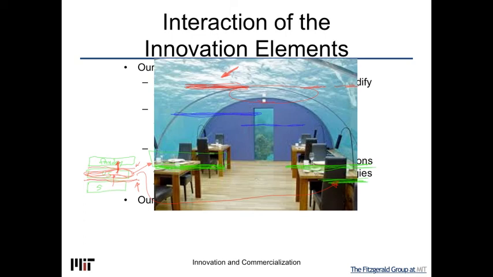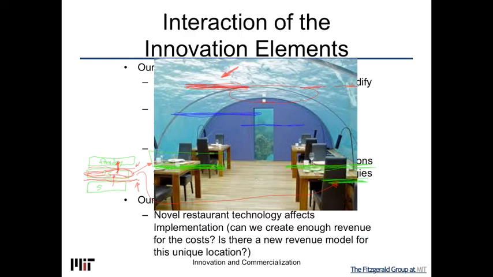So I have part of the fee coming from the museum ticket and part of the fee coming from the normal operation of the restaurant. That's just an example of how that goes. And so you can see how the implementation is being affected by the technology. And of course, you're going after a market where you think that you can get enough revenue. So hopefully you can understand in that example how the different elements interact.